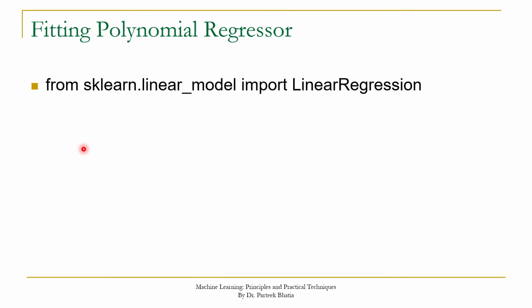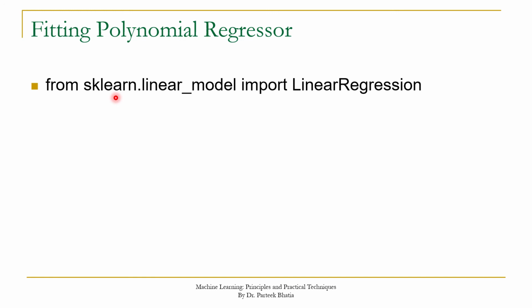So this polynomial linear regression model is also implemented in the LinearRegression class, which is available in the linear_model sublibrary of sklearn. You know that we have used the same class for building simple linear regression and multiple linear regression, and we are now going to use the same class for building polynomial linear regression, because all these operations require linear regression models. So here we are importing the LinearRegression class from the linear_model sublibrary of sklearn.